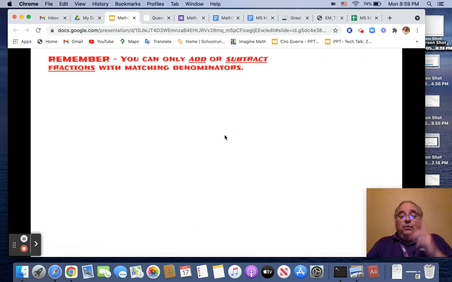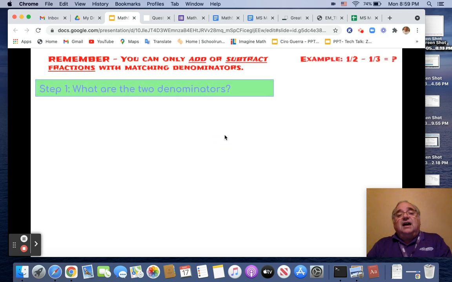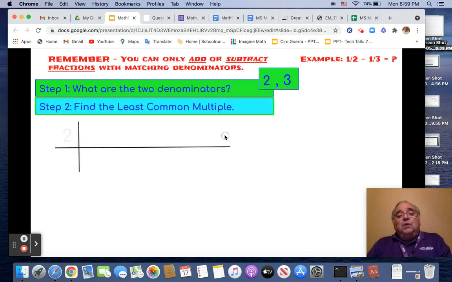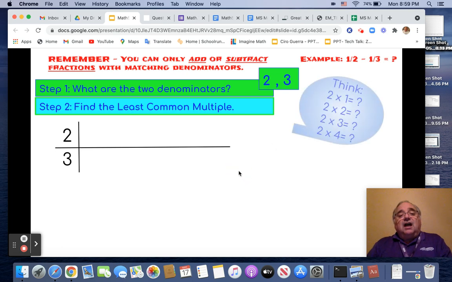Yesterday we learned that we still need to know how to add and subtract fractions. We need to make sure that we have matching denominators. In order to do that, we find the least common multiple, by finding multiples of the denominators. For instance, the denominator in 1/2 is 2, and the denominator in 1/3 is 3. The least common multiple is going to be 6.